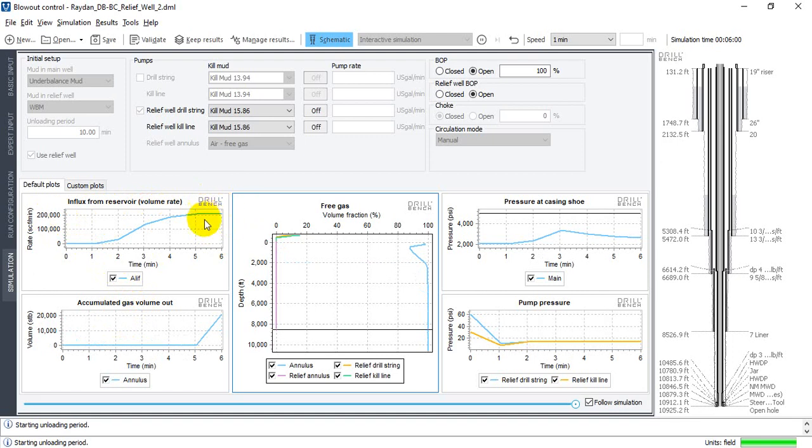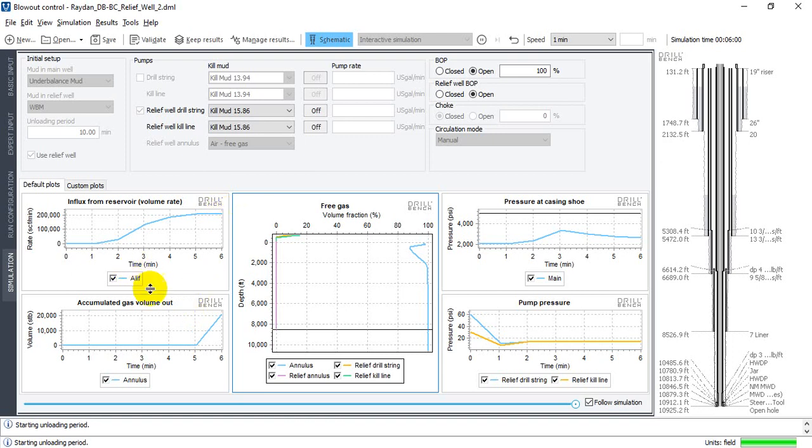it is 200,000 cubic feet per minute, and for the 6 minutes, for 1 it is 0, for 2 it is 5 or 30,000 cubic feet per minute, and it increased to 200,000 cubic feet per minute.